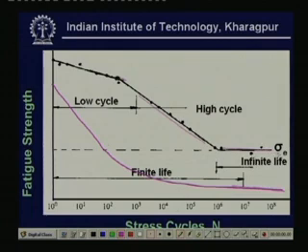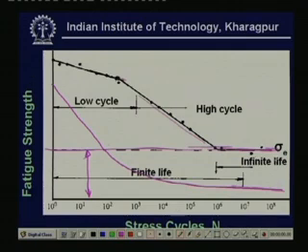Here also this infinite life cycle, where the endurance limit becomes a flat line, is not exactly true, but however, we consider such a line which gives you the critical zone, meaning that beyond this line, if we consider the stresses, then the machine member can withstand an infinite life.